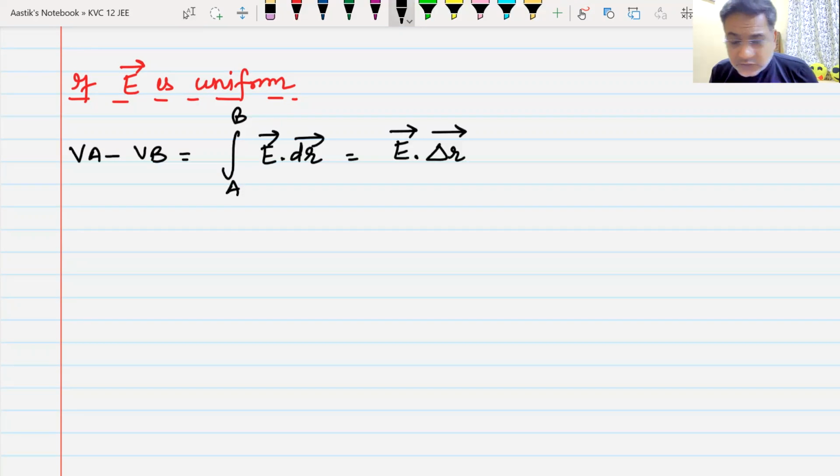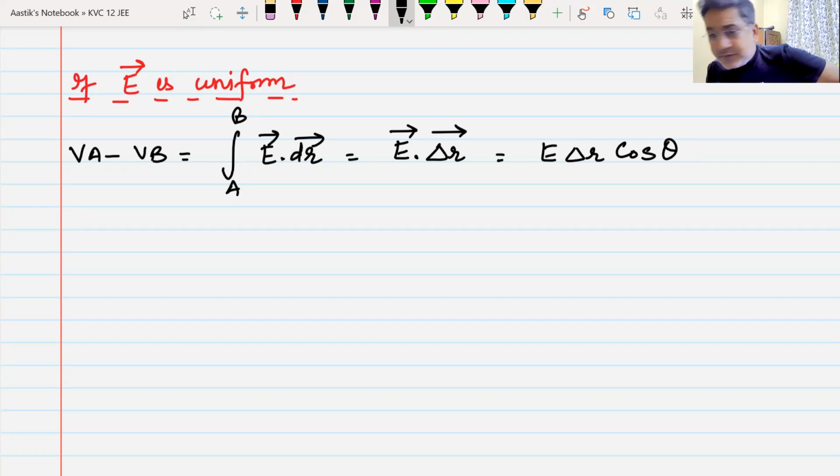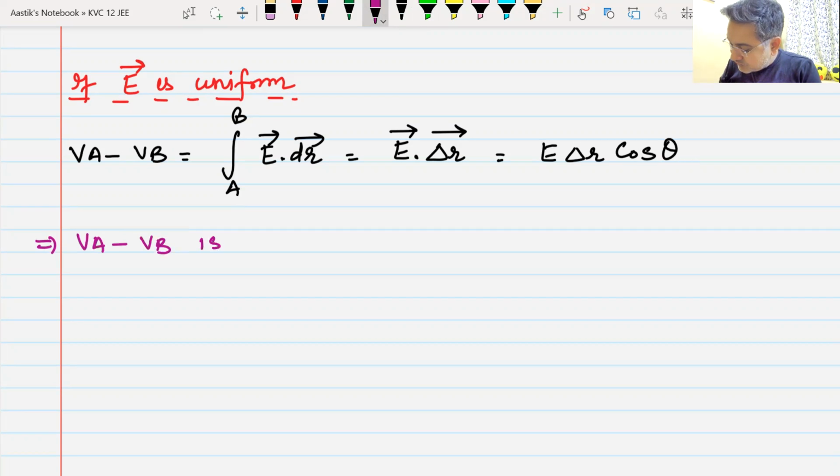This becomes E into delta r into cos theta, yes or no? Yes, sir. That means VA minus VB is positive if theta is 0. We understand this?